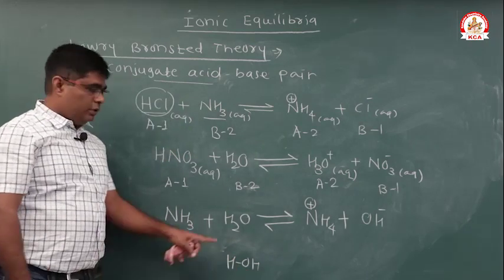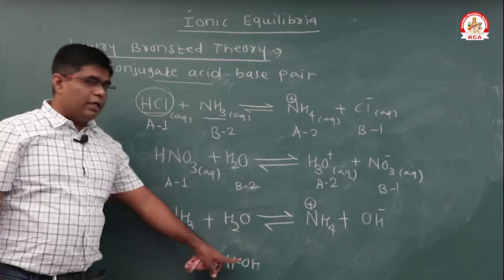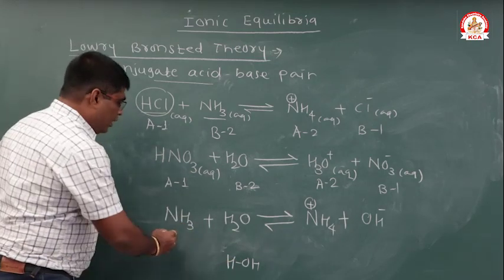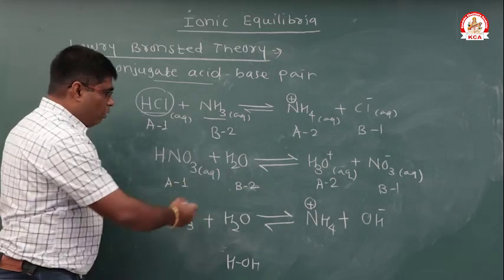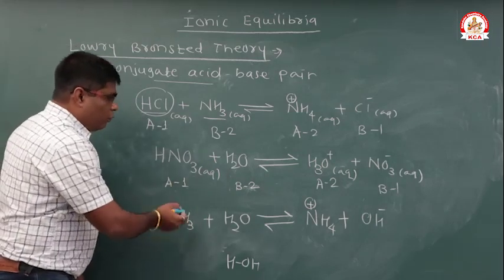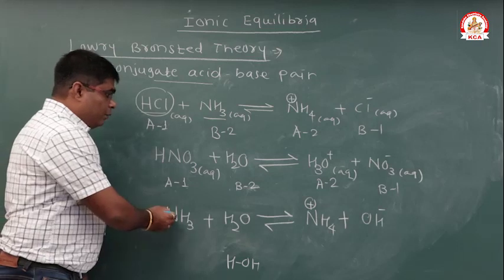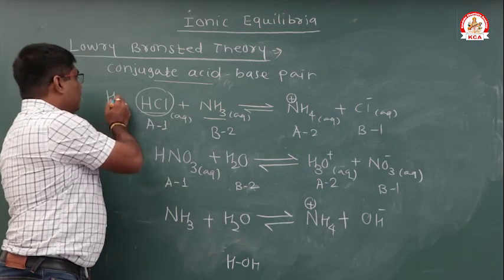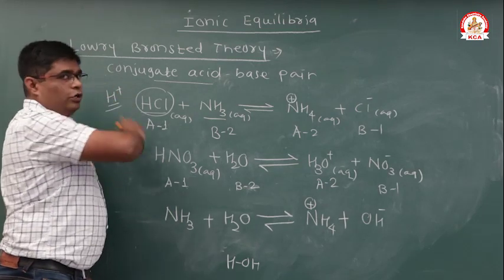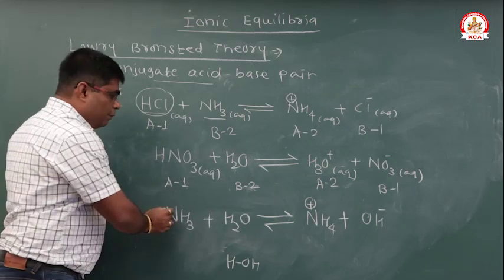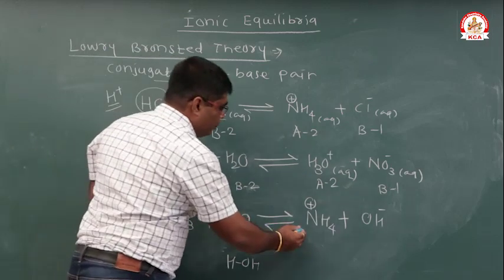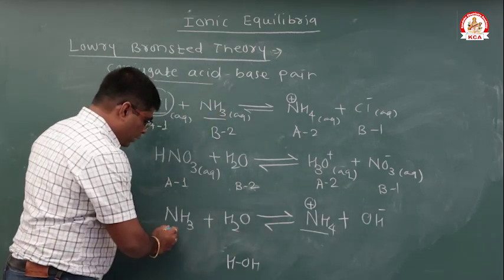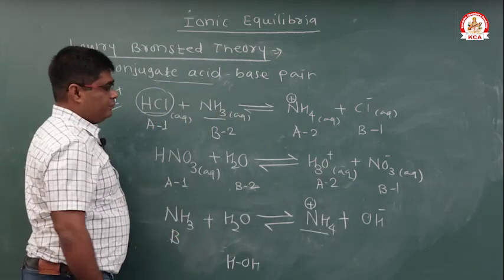We write the H2O in terms of H dash OH. What happened here? आपण जर forward direction पाहिलं तर प्रोटॉन घेतोय कोण? NH3 प्रोटॉन घेतो. प्रोटॉन म्हणजे काय? हा H प्लस आहे. हा NH3 प्रोटॉन घेतो. प्रोटॉन घेतल्यानंतर काय तयार होईल? NH4 प्लस आयन तयार होईल आणि म्हणून हा झाला बेस.